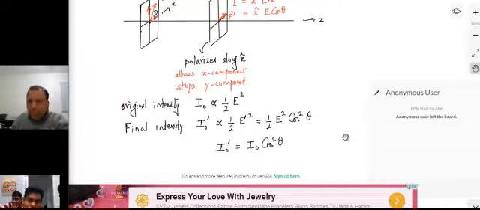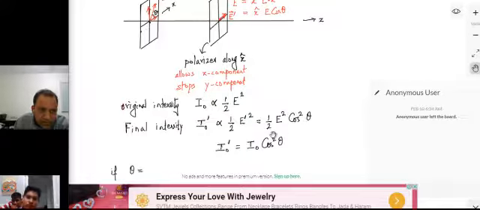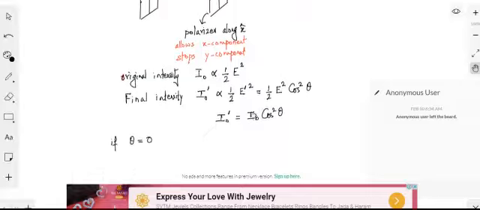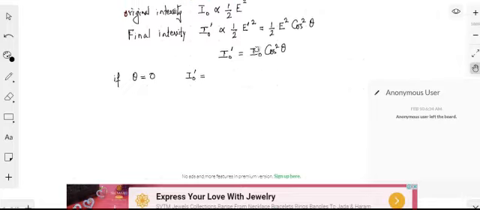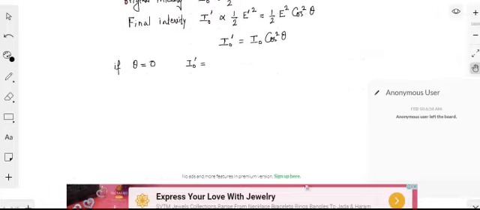So let's ask the question, as an example. If theta is equal to 0, I naught prime is equal to cosine of 0, which is 1, so it is equal to the original intensity itself.